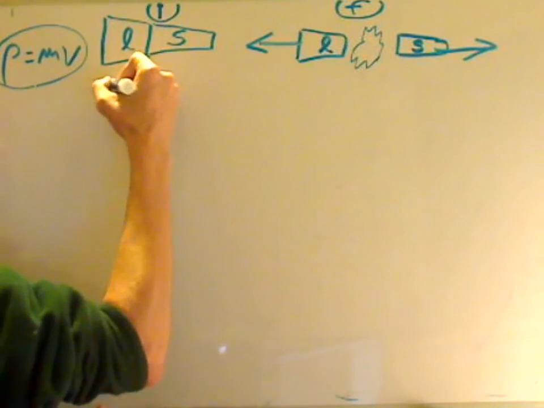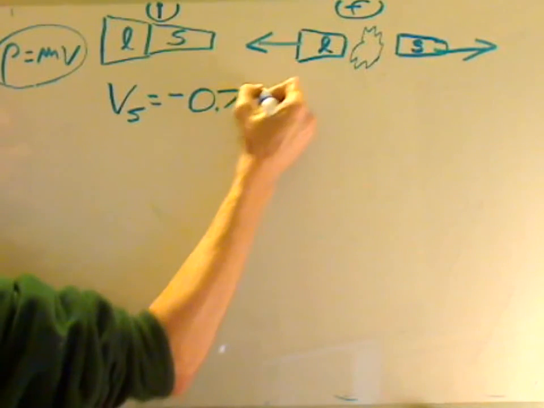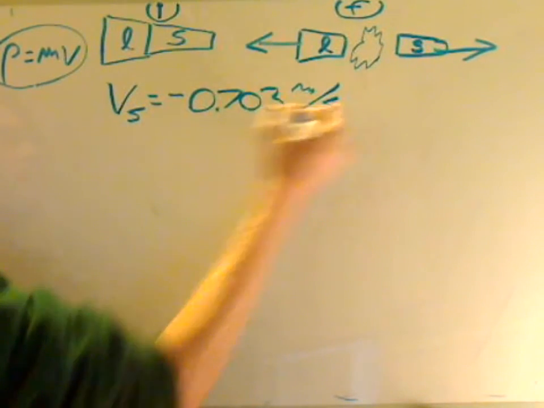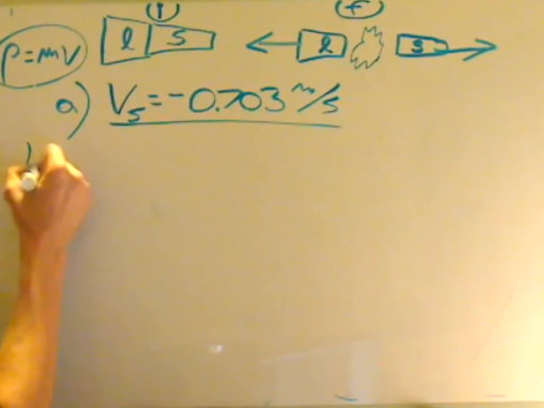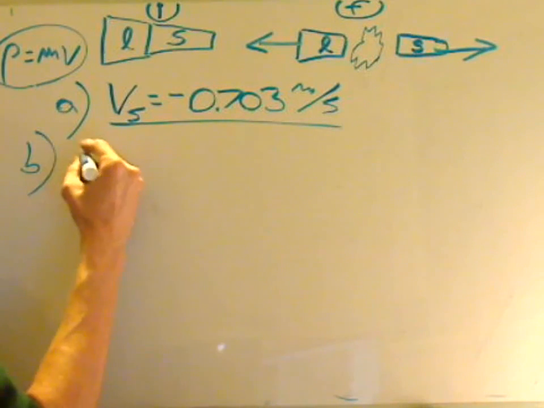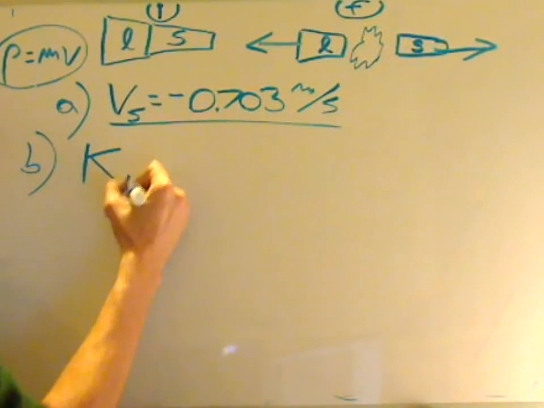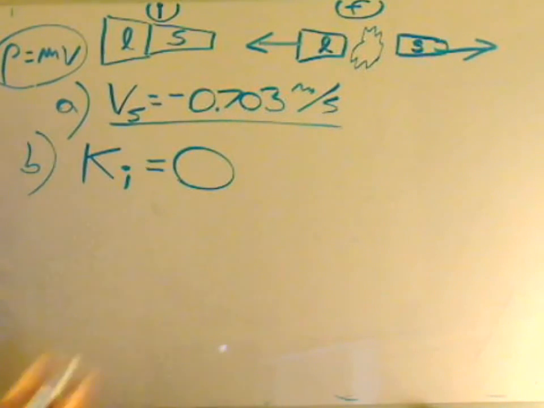The satellite's velocity that we solved was negative 0.703 meters per second from part A. Now, for part B, we want to figure out how kinetic energy has changed. Well, the initial kinetic energy, it's at rest, so our initial kinetic energy was 0.